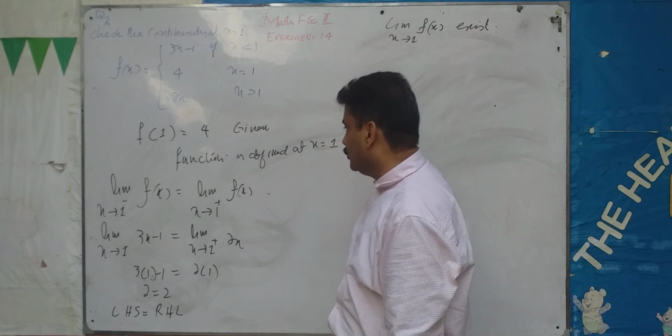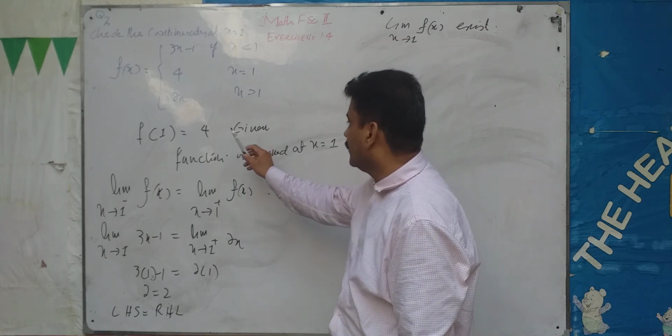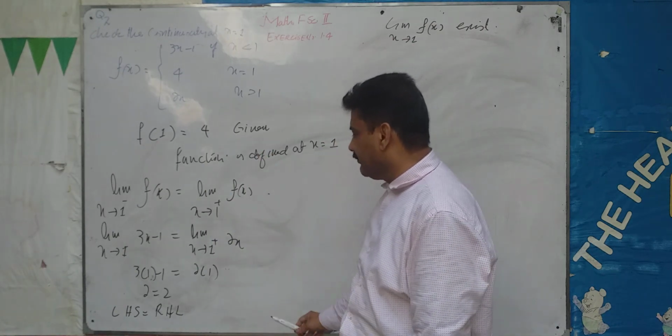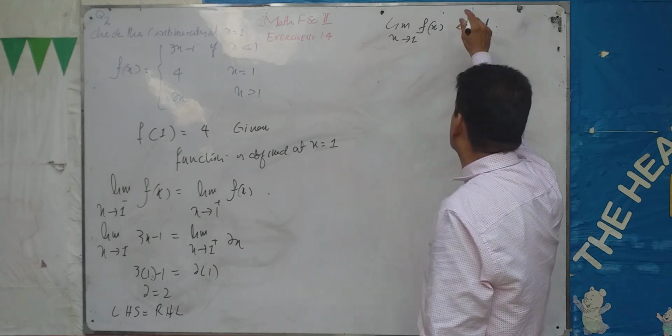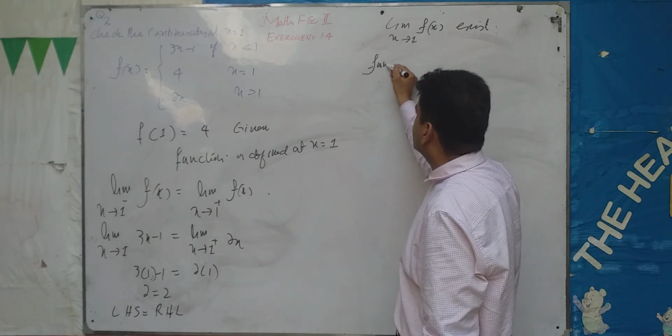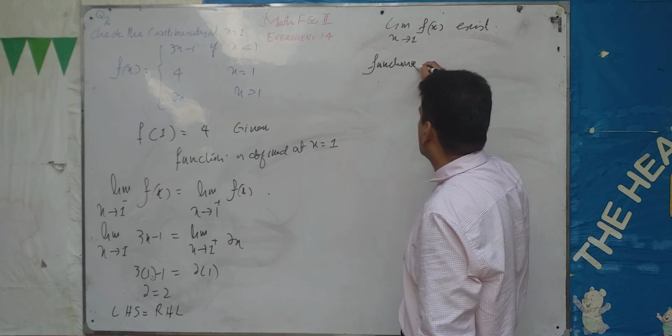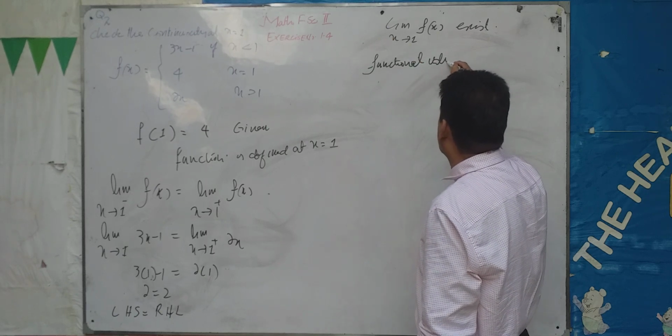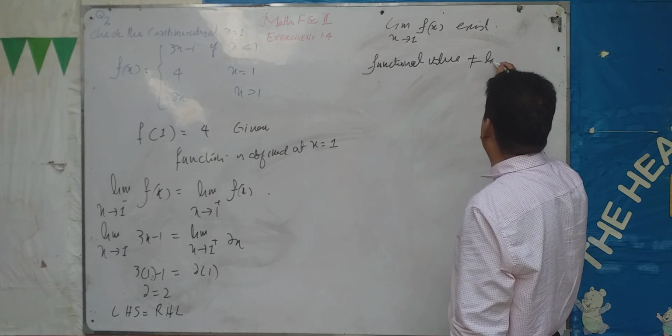Now the function value is 4 but the limiting value is 2. Note that the function value is not equal to the limiting value.